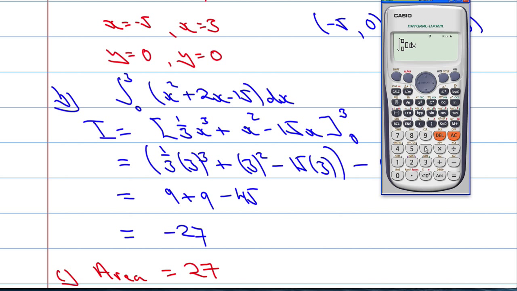So I'm going to evaluate the integral between 3 and 0 of x squared plus 2x minus 15. Negative 27, which is what we had here. So a good way to check your answer, and just remembering that areas are positive.